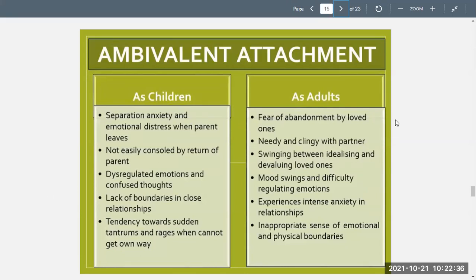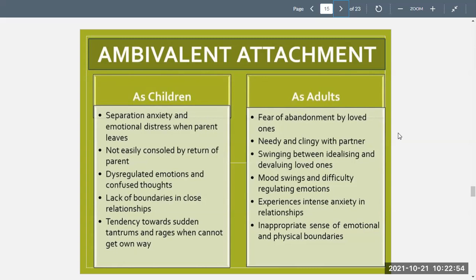As adults, an anxiously attached adult suffers from fear of abandonment by loved ones. They fear abandonment. As adults, an anxious person is needy and clinging with the partner.